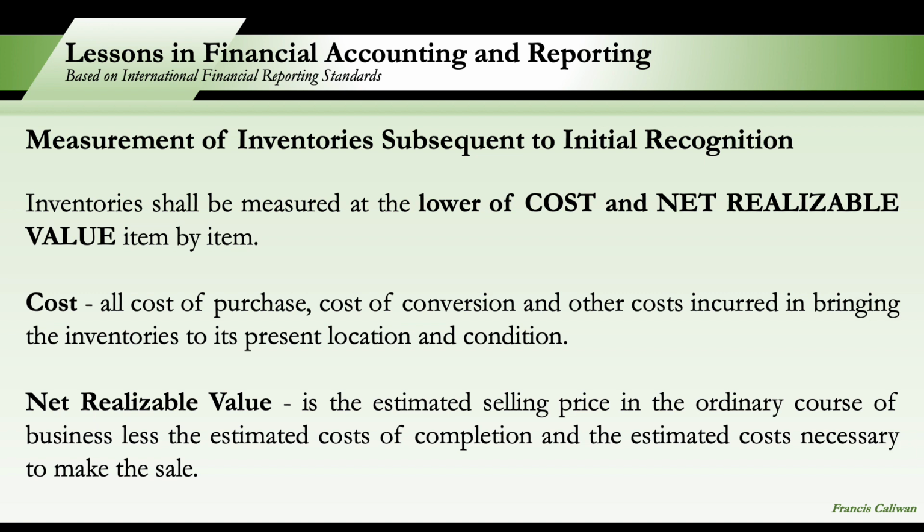So again, cost comprises all costs of purchase, cost of conversion, and other costs in bringing the inventories to its present location and condition. Whereas NRV, net realizable value, is the estimated selling price in the ordinary course of business less the estimated cost of completion and estimated cost necessary to make the sale. So in short, NRV is estimated selling price minus estimated cost to complete and estimated cost to sell.